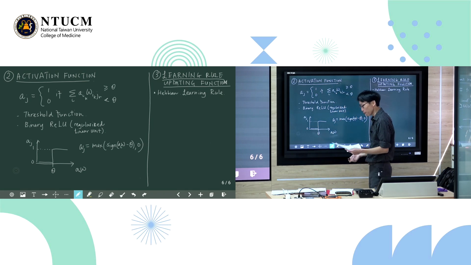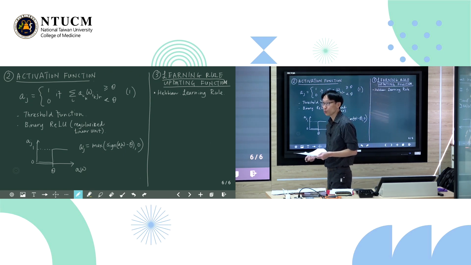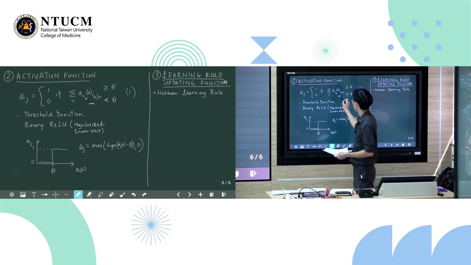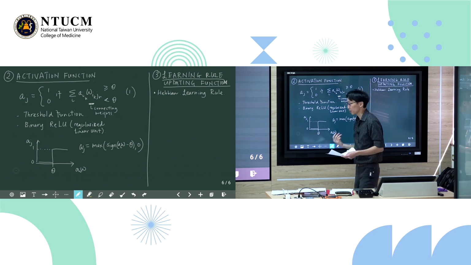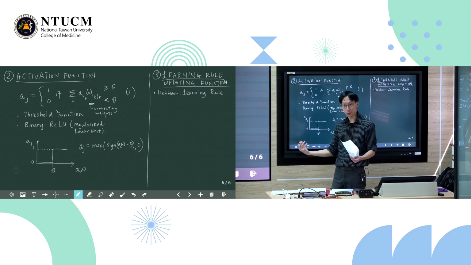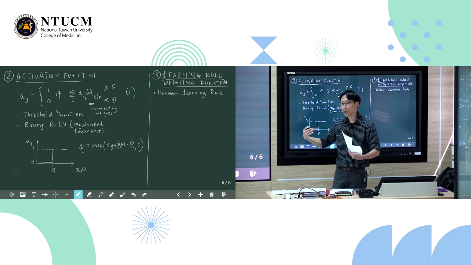So the activation function we'll call equation 1. What kind of function will make it such that the strength of the connections, and by connections we mean this one, W, is such that if the activity of the input and the output units are the same, then the connection weights wire together, meaning they become stronger?